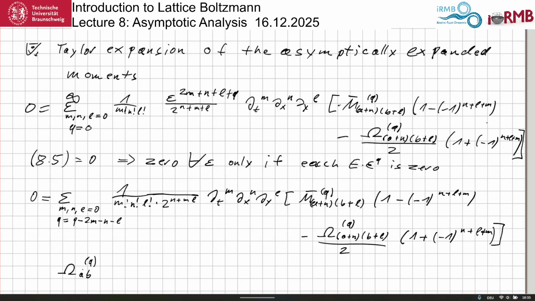So we say that omega AB of the order Q would be the same as this here being 0 for all q being smaller than 0, right? So whenever we go into negative orders, this thing will just disappear, because otherwise we'll have infinitely many terms here. But also if we had these terms, that would mean that they would be getting larger with the smallness parameter getting smaller.